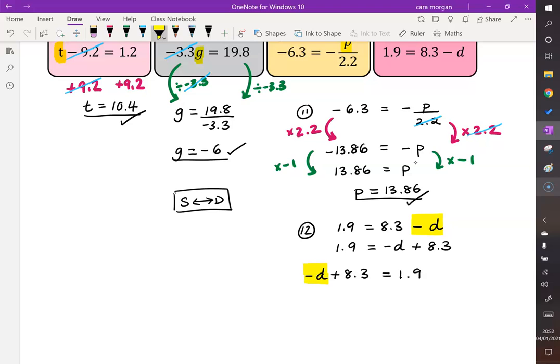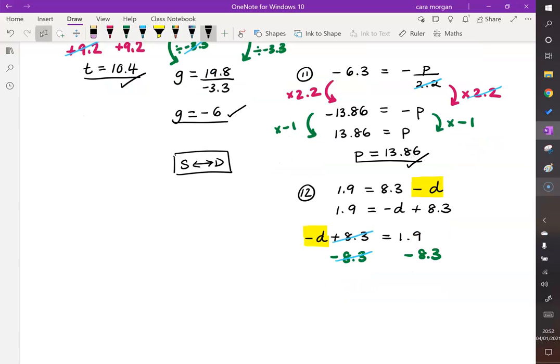I might choose to keep the negative d on the left-hand side and get rid of the positive 8.3 by subtracting 8.3. I'm going to be very careful with the order in which I do that. So the positive 8.3 cancels with the negative 8.3. And I'm going to be left with negative d on the left-hand side.